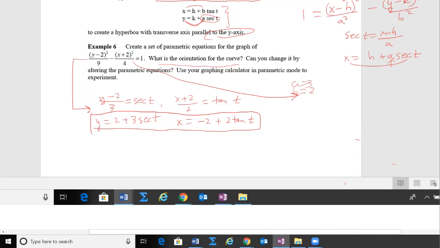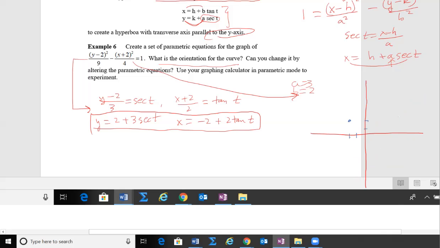Easier to just start it over again like so. Okay, so now my center is -2, 2. It's over here. Sorry about that.